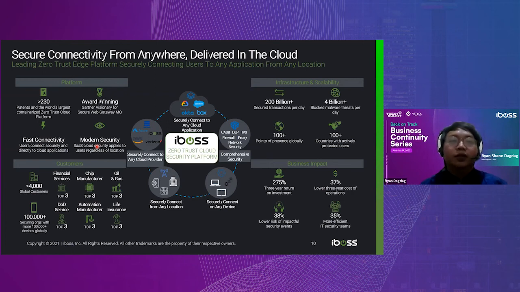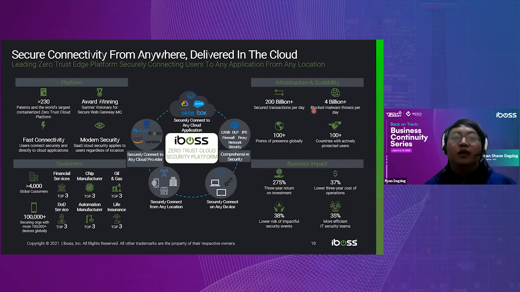On the platform itself, we have already delivered 230 patents, and we continue to develop more to provide more comprehensive protection to our valued customers. On the infrastructure, we are securing 200 billion transactions per day, and out of this we capture approximately 4 billion, since we are not just inspecting HTTP but also SSL traffic.